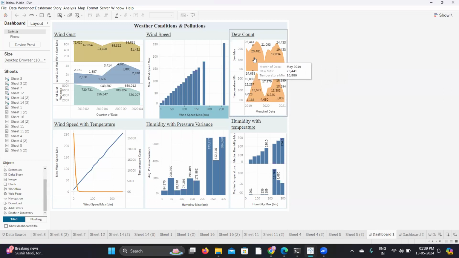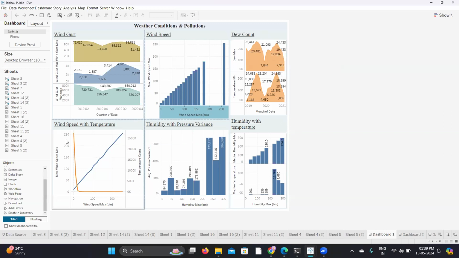This visualization is significant because it combines temperature data with dew occurrence, linking to conditions that could affect humidity and thus pollutant concentration. In 2019 July, the peak dew max is 26,747, where the temperature minimum is 24,000. And in July 2020, the dew max is 24,000, where the temperature minimum is 22,000.